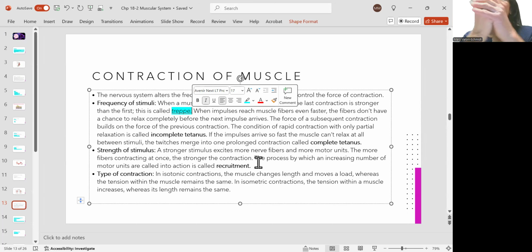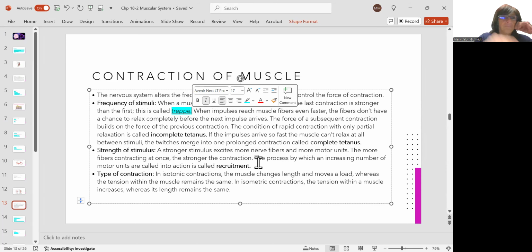Give you an example. If you're at a gym and you're lifting weights, the muscles are changing shape. If I'm sitting here and I just tighten my abs, that's isometric. So they're not lengthening or shortening, but you're tightening them. So know the difference between isotonic and isometric.